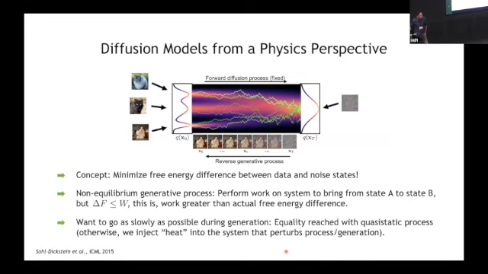So you want to go as slowly as possible to have a quasi-static process going on there. And this is the physics perspective of why sampling from these diffusion models is slow, because you have to do it in really small steps.